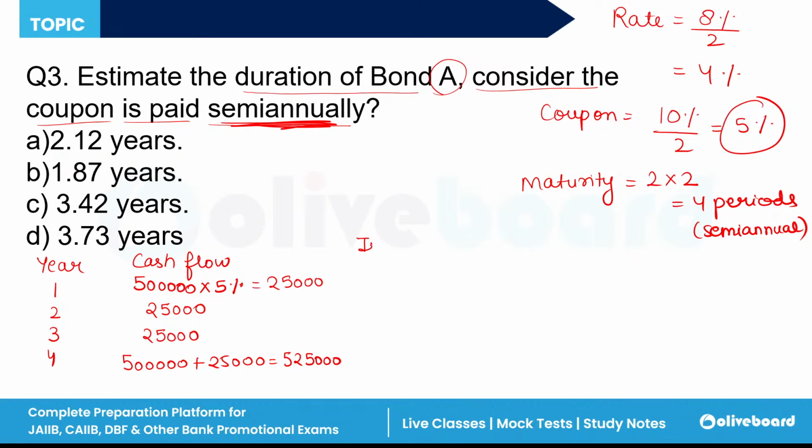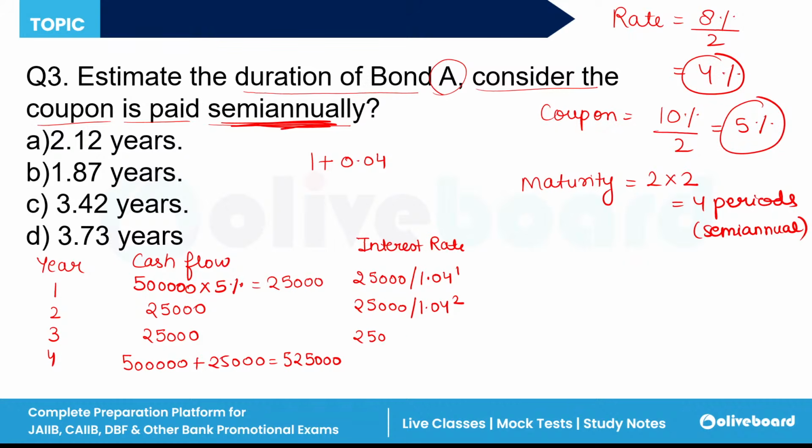Now we have to calculate the interest rate again. What is the rate? Obviously the rate is 4%, so we add 1 plus 0.04. So 25,000 divided by 1.04 power 1, 25,000 divided by 1.04 power 2, 25,000 divided by 1.04 power 3, and 5,25,000 divided by 1.04 power 4.